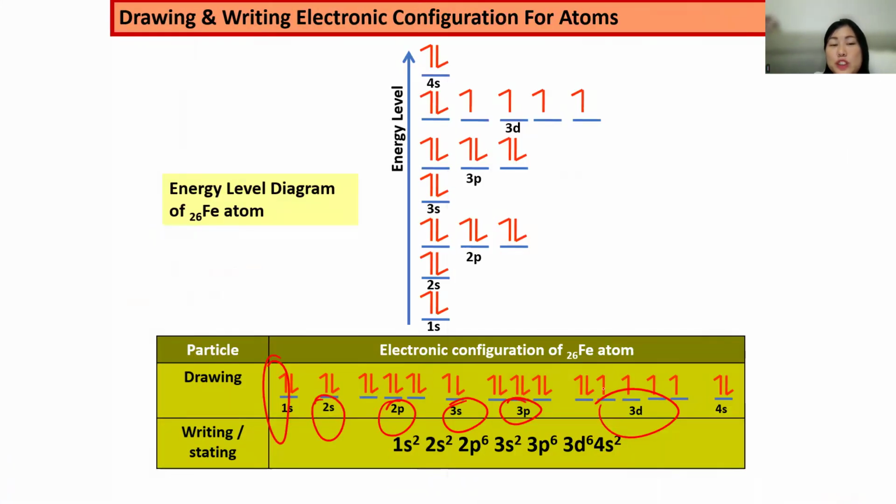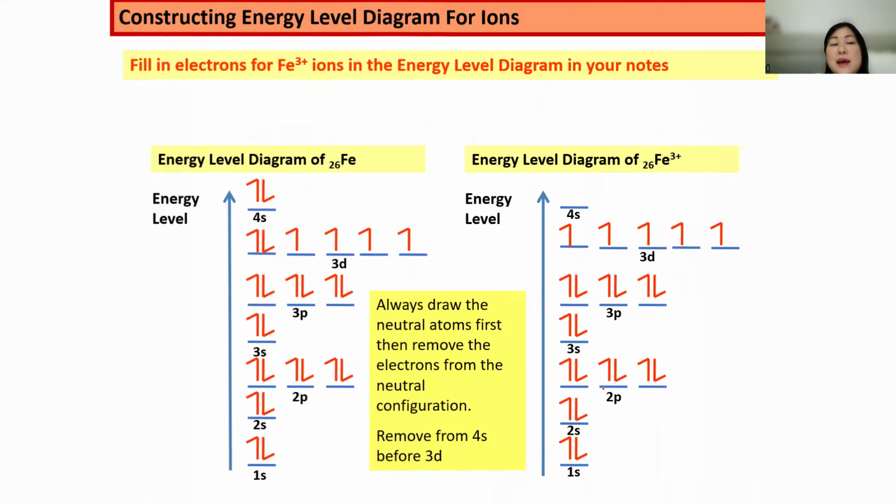Okay, I will do one more, which is the iron, and we will stop there. Let's look at cations. Now listen, this is where it will go wrong. When the question gives you a cation, you are not supposed to do a mathematical subtraction. You are not supposed to take 26 minus 3 to get 23 and fill 23 electrons from 1s2, 2s2, 2p6.